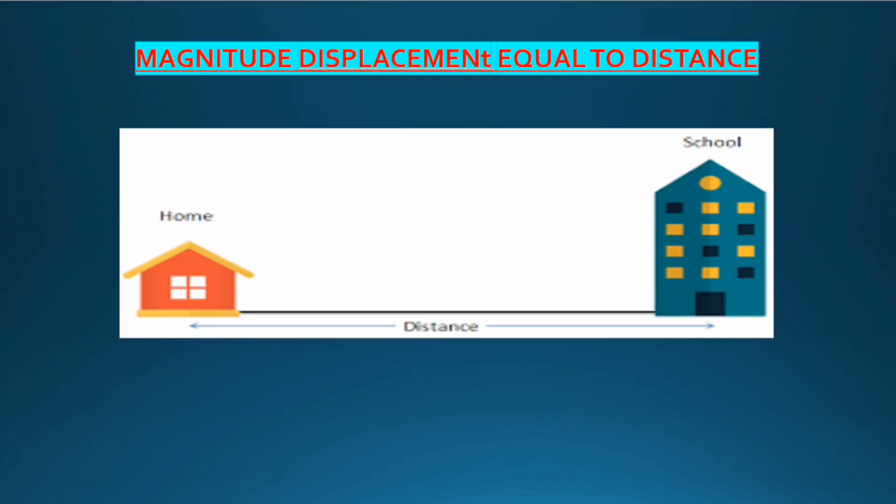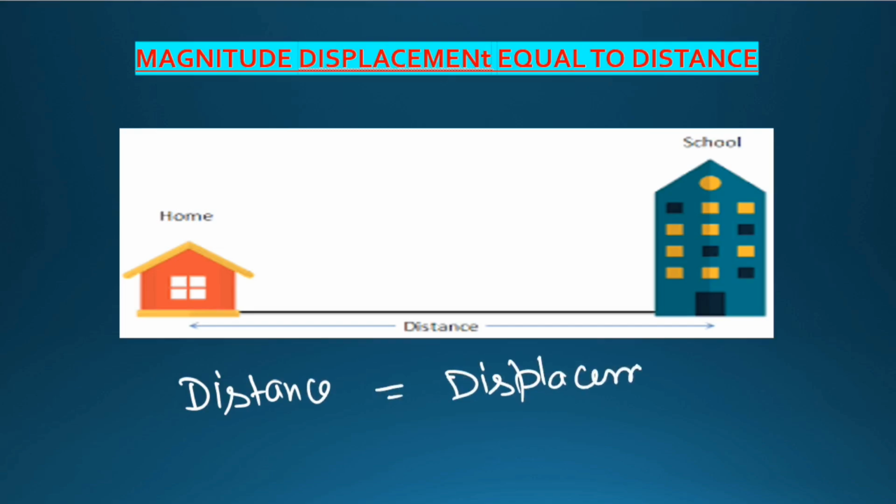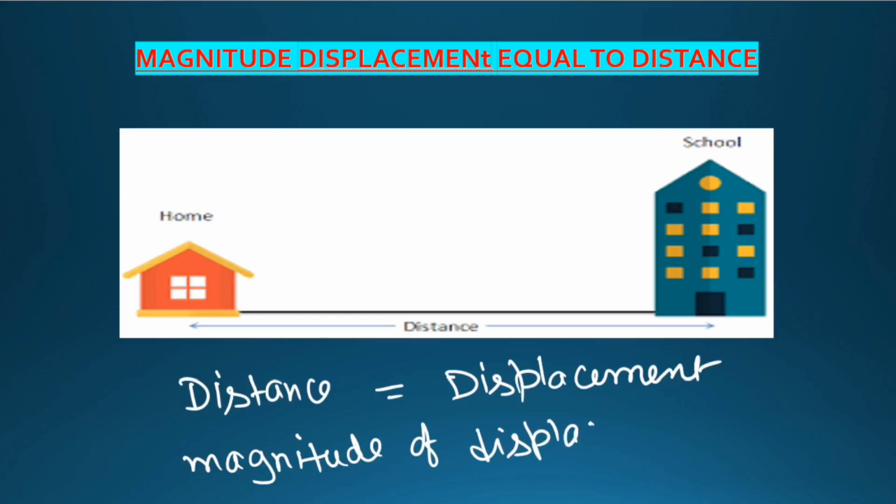Now see another example. Here the distance and displacement. See, in this example we can say clearly distance is equal to displacement. That means the magnitude of displacement is equal to distance.